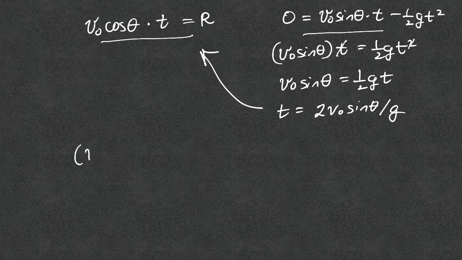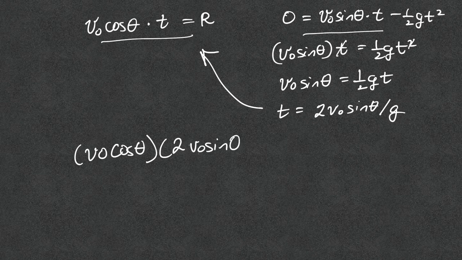That gives me v naught cosine theta times time, which is 2 v naught sine theta over g, that was just t, equals the range.